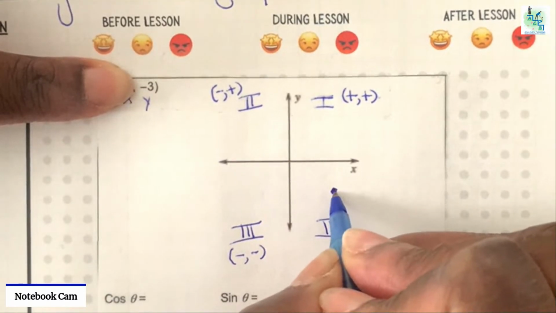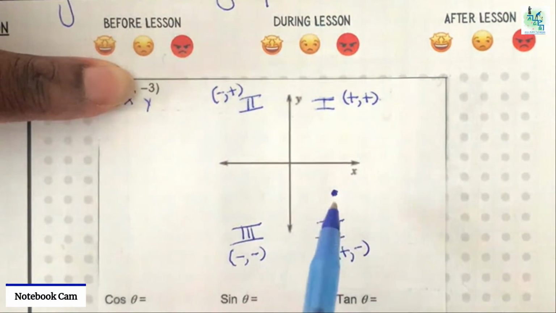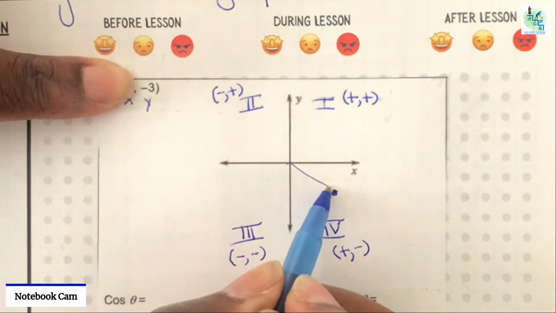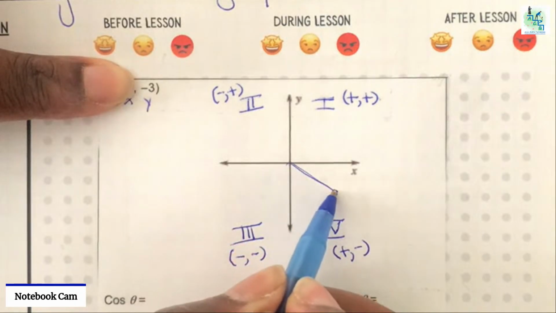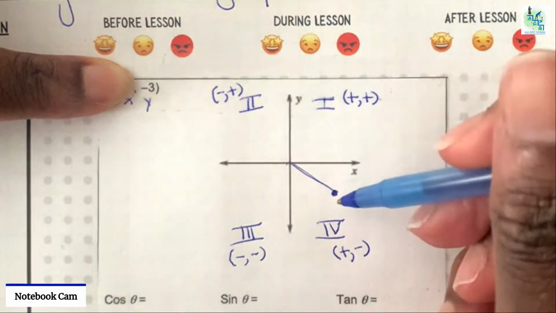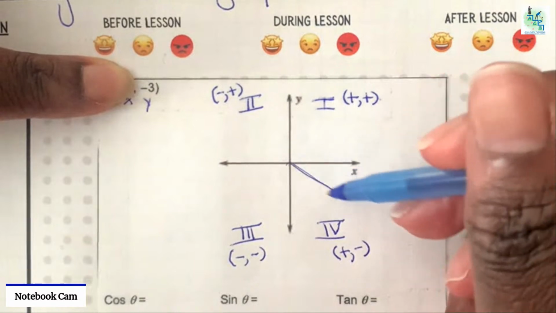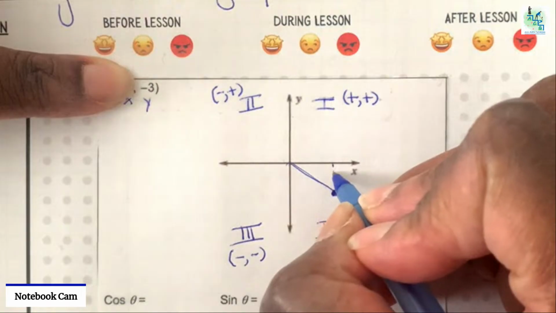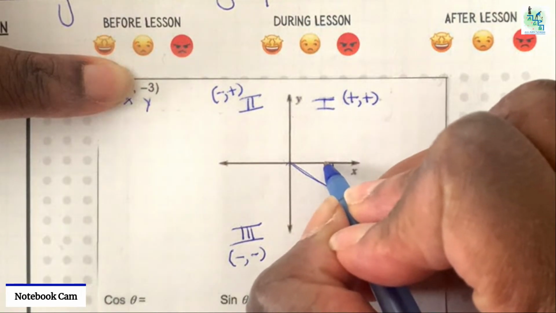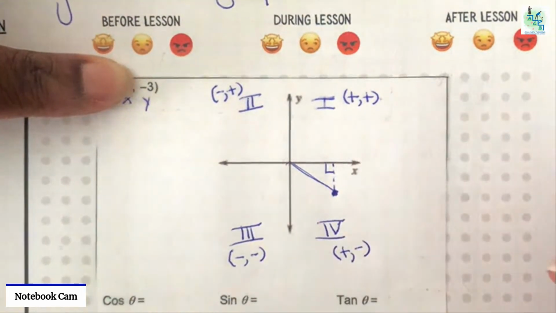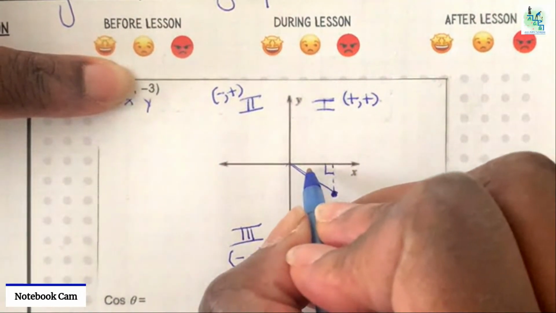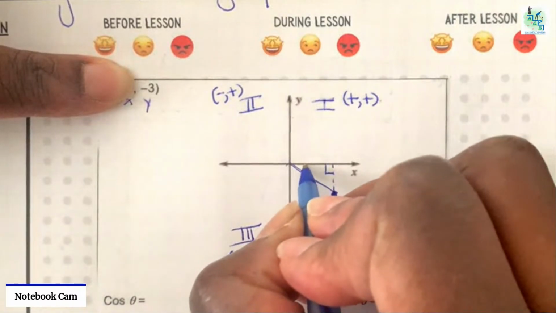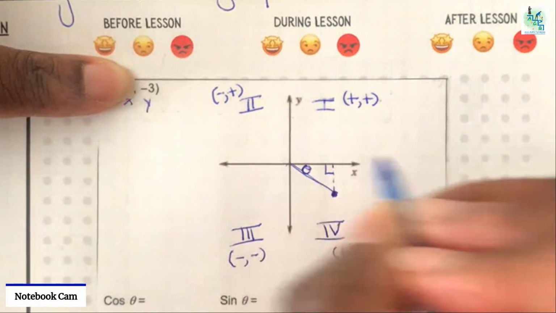So by identifying your quadrant, we know that if I drew a line from my origin to that point, based on trig, this will be my hypotenuse. Because if I draw it out, I'm going to have a right triangle, and the angle formed with the vertex at the origin, that's going to be my theta.